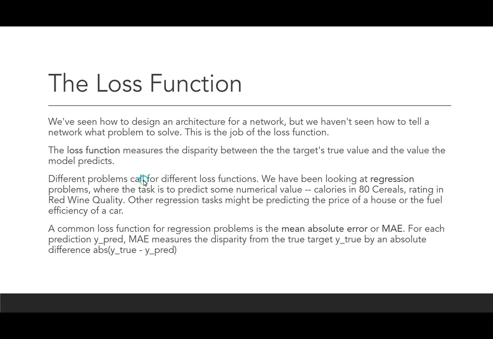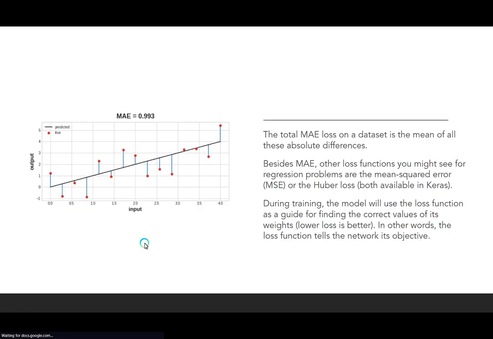Different problems call for different loss functions. For example, if we are dealing with a regression task, we can use the MAE. And if we are dealing with a classification task, we can use the accuracy score.